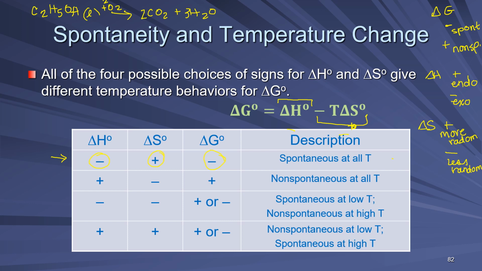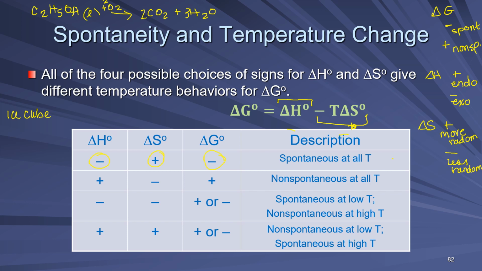So let's think of an example I had talked about earlier. Remember I talked about an ice cube. Let's say we take an ice cube and put it in a room at normal room temperature. What's going to happen?